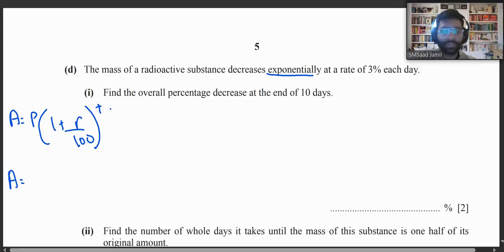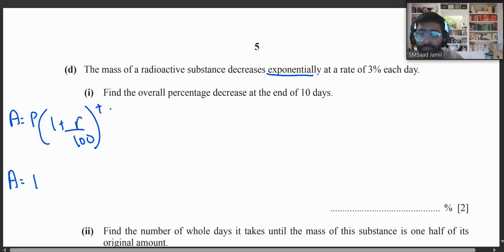I thought it's increasing. So the first day, there will be 100% radioactivity because it has yet to decrease. It has not started decreasing. It will start decreasing from now onwards. So right now, radioactivity is how much? 100%, because it has not started decreasing.